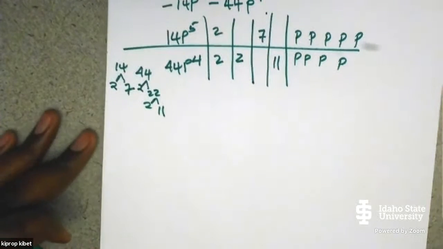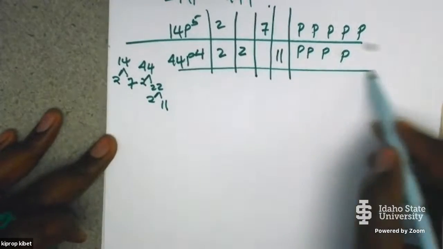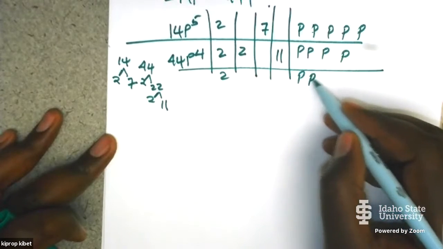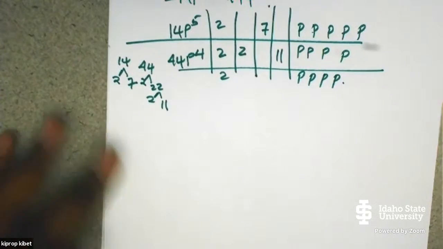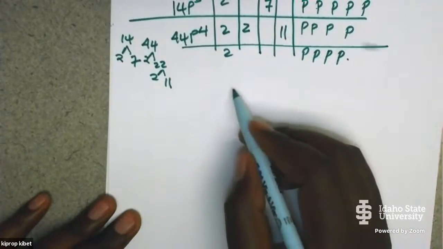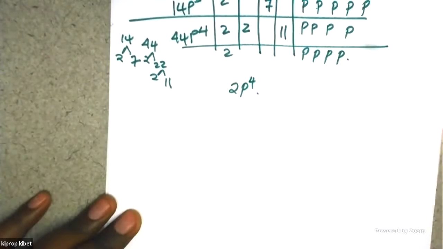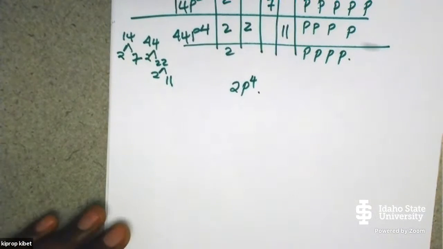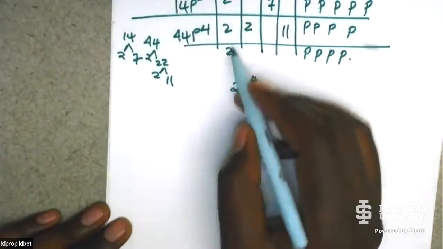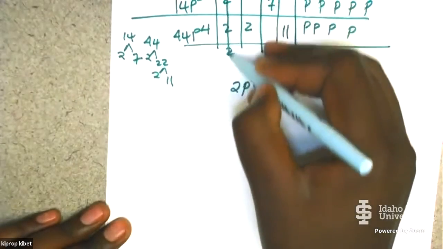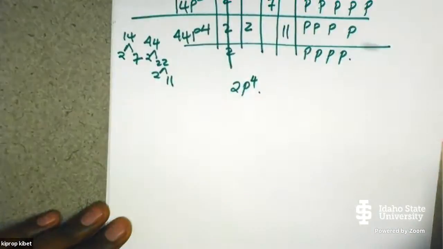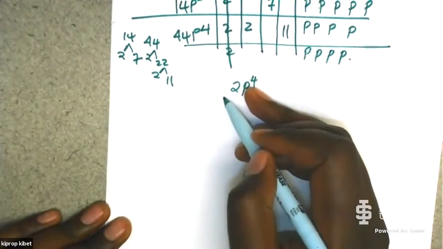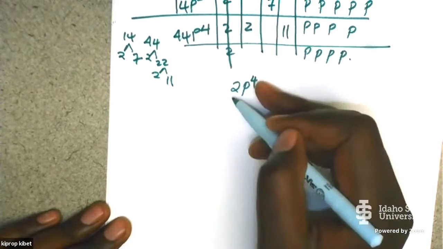So what is our greatest common factor? 2 here, right? And then how many p's? 4 p's. So 2p raised to 4. Now, once we factor out 2p^4, we can cross that out.